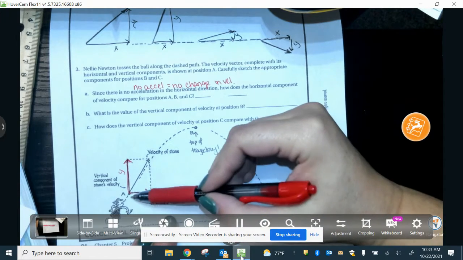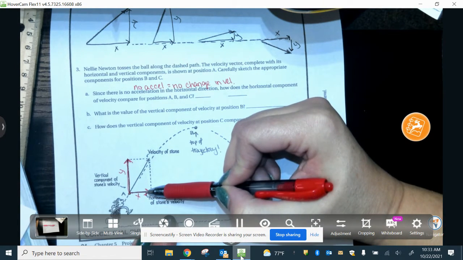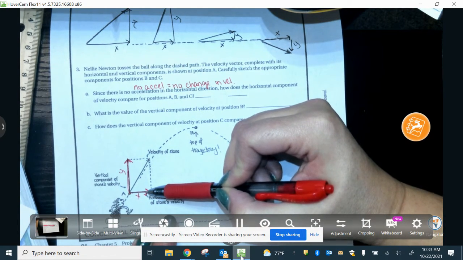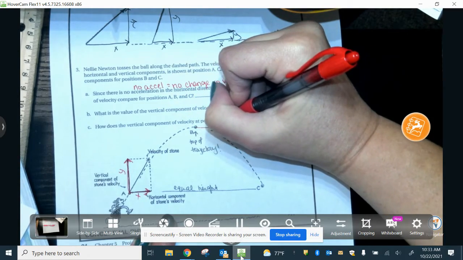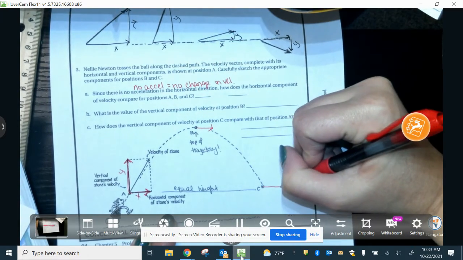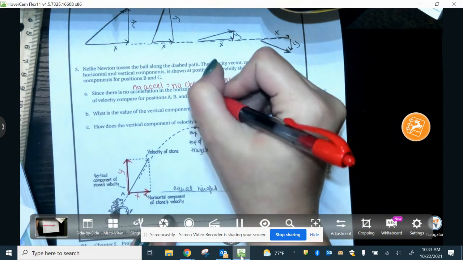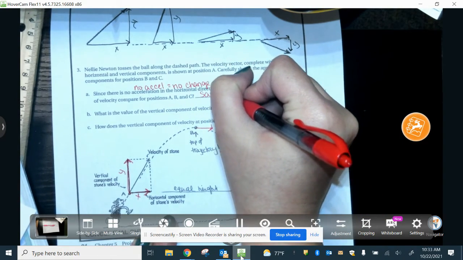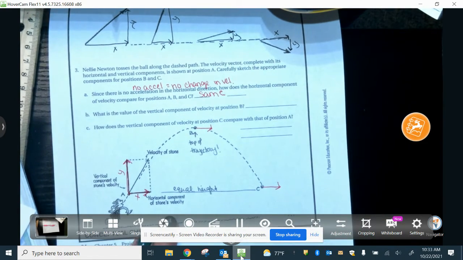So the x component at A is going to be the same at B and at C. They are all equal, because again, there's no acceleration.